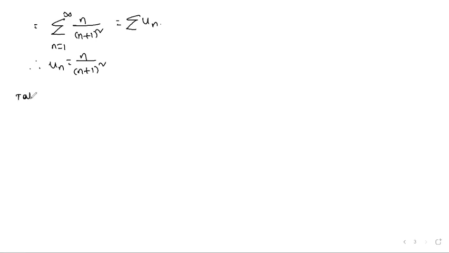already we know the definition of the limit comparison test. Take un is equal to n by n square, that is equal to 1 by n, and vn is equal to 1 by n. Whatever you take common, that is vn.